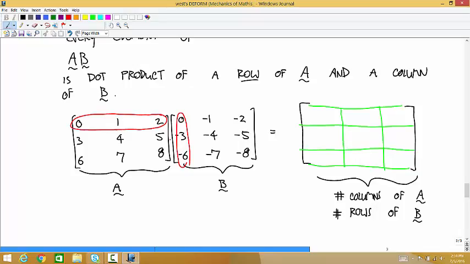What's that, -15? For the element 1, 2, we're going to take the first row of this one with the second column of this one. So we have 0 times -1 plus 1 times -4 plus 2 times -7. So that's -18.